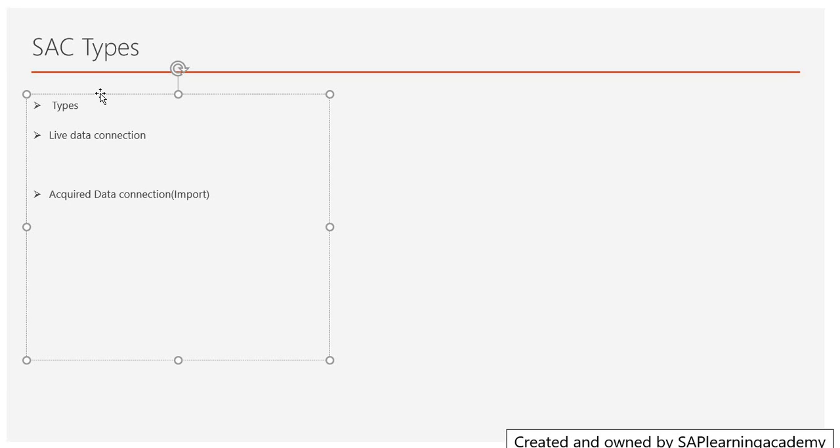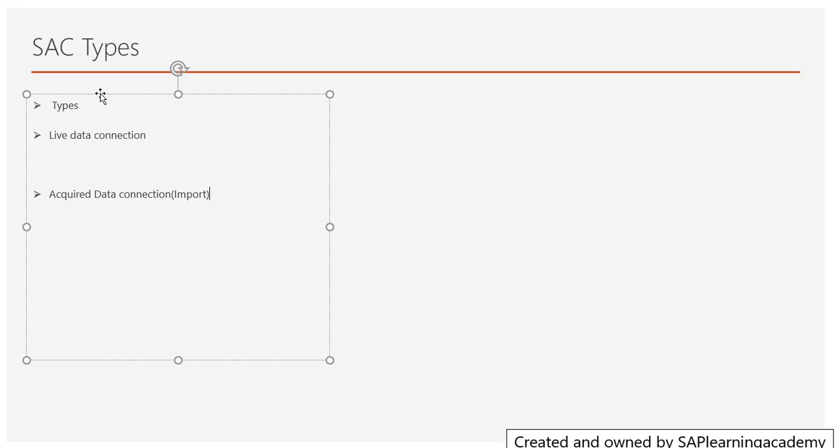Let me give you a live example. Suppose you are having a SAP HANA system, and you want to show the data in SAC on a live connection basis. You can also have that option here.